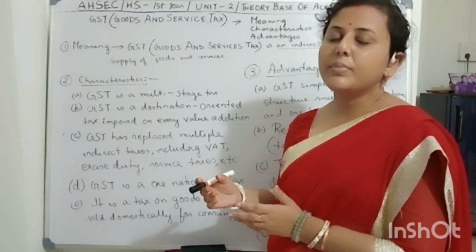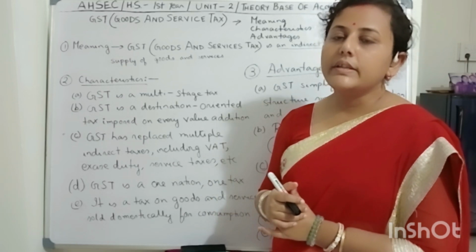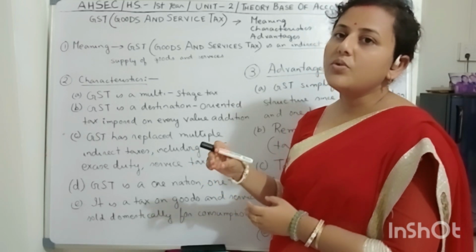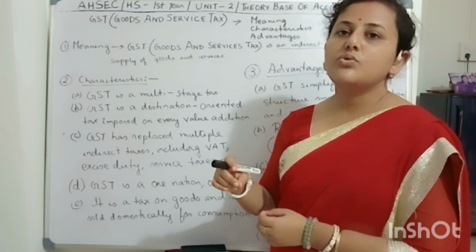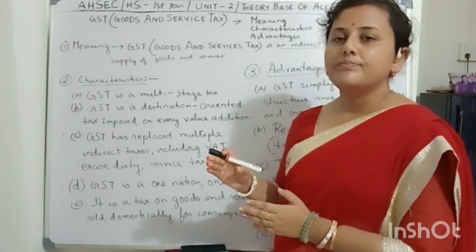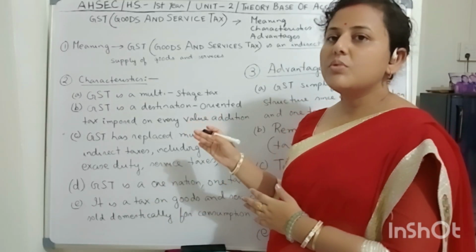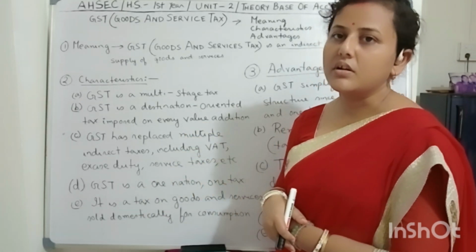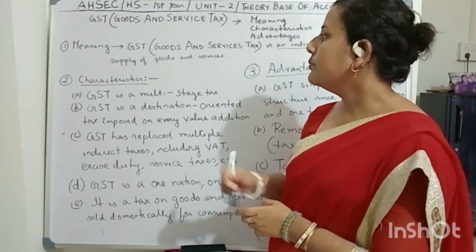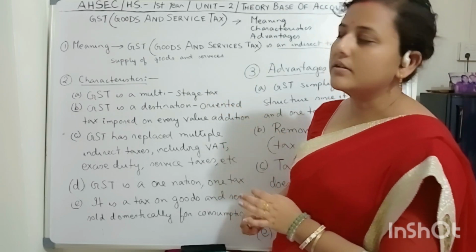The wholesaler will purchase the product from the company by paying GST. Then the wholesaler will sell the product to the retailer, and the retailer pays GST to the wholesaler. Then the retailer will sell the item to the ultimate consumer, and the consumer pays GST to the retailer. So GST is paid in every stage, right from the company, to the wholesaler, then retailer and then consumer.